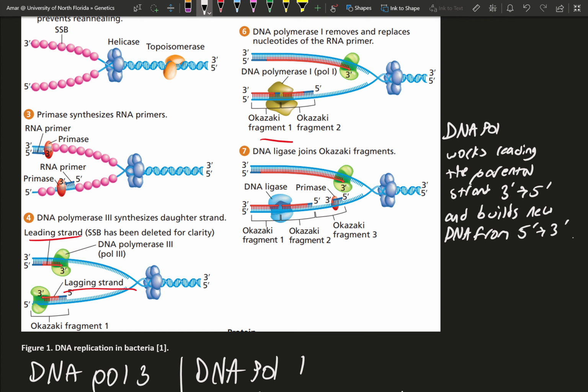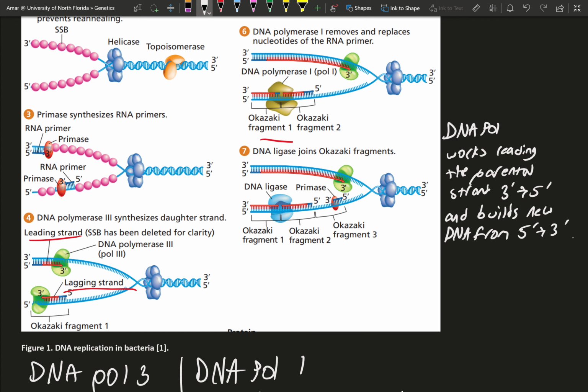But then you have a lagging strand that is going backwards away from the replication fork, and because it's going backwards, you need multiple RNA primers, and you need the abilities of DNA polymerase 1 and DNA ligase for this to occur. So just remember the reasoning for why you have a leading and a lagging strand.